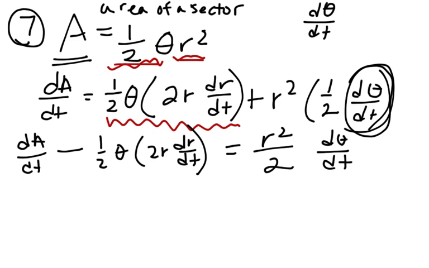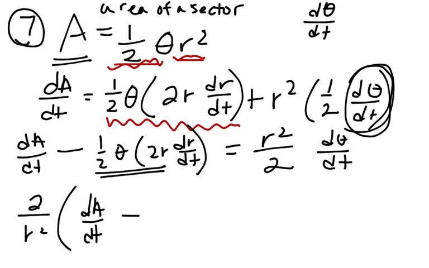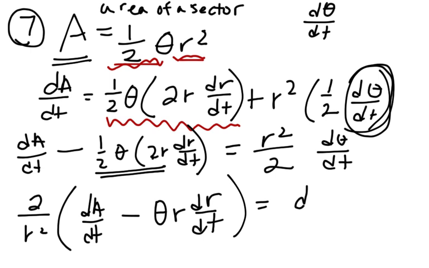So I'm going to go 2 over r squared times dA/dt minus, now these could actually be multiplied together here. 1/2 times 2 is just 1. So this could be theta r dr/dt equals d theta/dt.